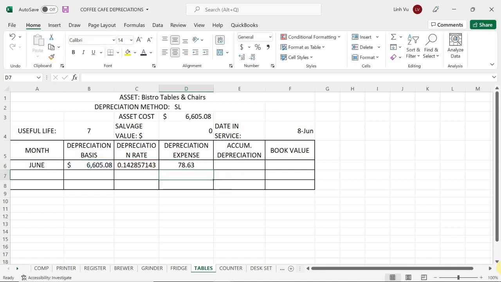So for the month of June, you're going to depreciate $78.63. Let me redo that again. Basis times rate, okay, divided by 12. It's going to give you $78.63 of depreciation for the month of June.